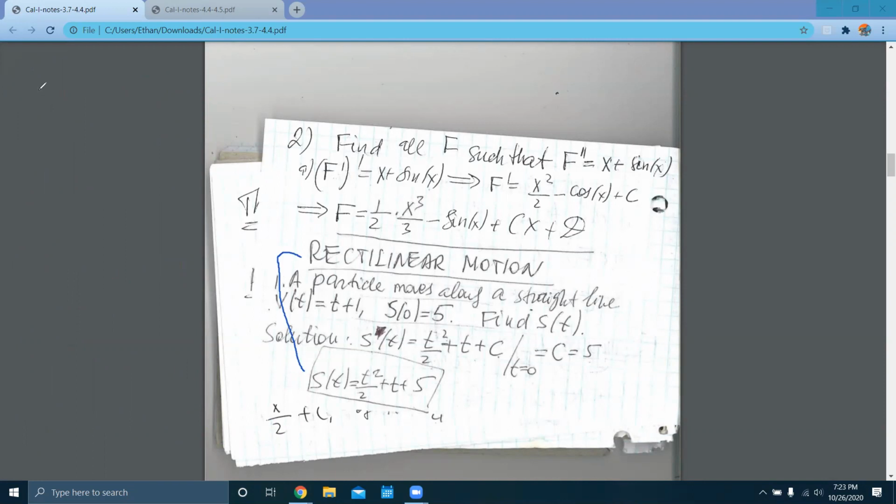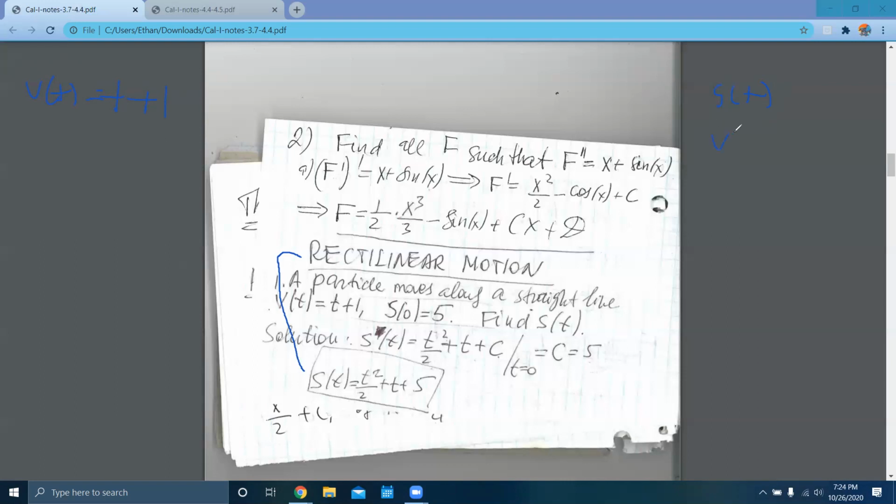So, we're given that v of t is equal to t plus 1. And we know that s of t is position, or, it's been a minute since I've done this, I'm just going to say s of t. It's either distance or that other d word, I can't remember.